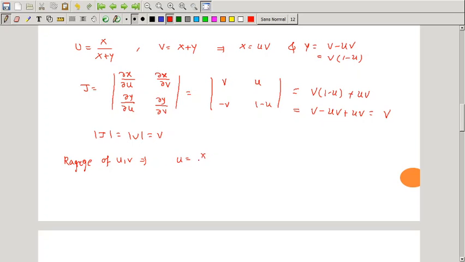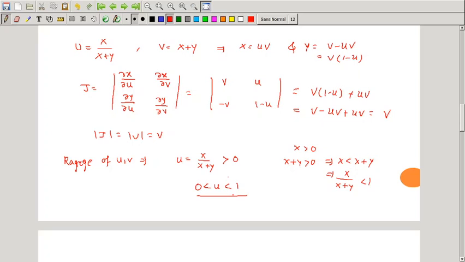U is equal to X upon X plus Y. We know that X is positive, X plus Y is positive, so this quantity is positive. Also, we know that if X is greater than 0 and Y is greater than 0, then X is less than X plus Y. If X is less than X plus Y, then X upon X plus Y is less than 1. So 0 is less than U less than 1. This is the range of U.